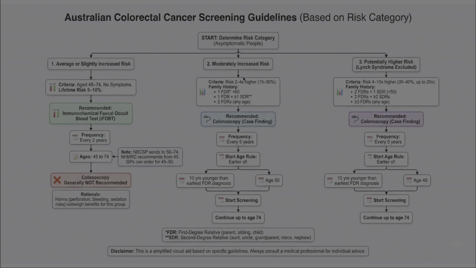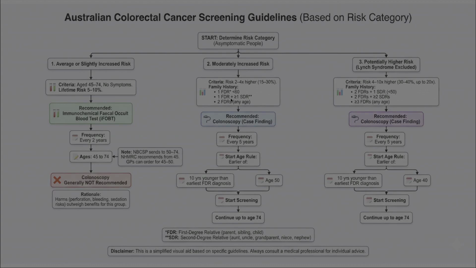Lane 2 is moderately increased risk. This is where you have some family history, such as one FDR, or first degree relative, diagnosed before age 60, one first degree relative plus one or more second degree relatives, or two first degree relatives at any age.